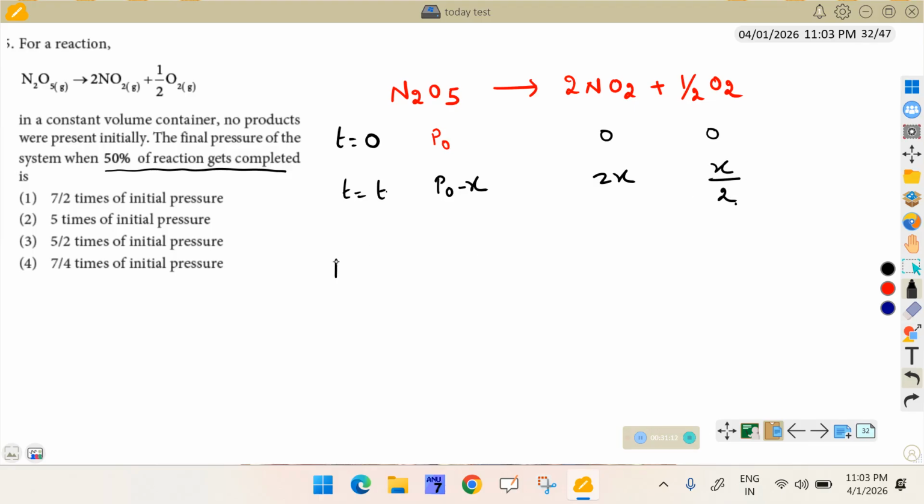P total is the sum of the partial pressures. The partial pressures: P0 minus X plus 2X plus X by 2.